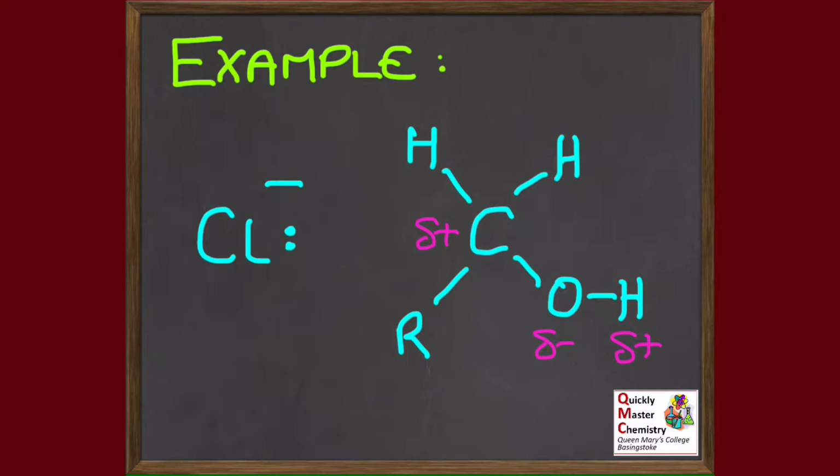It's got a delta plus carbon because of the bond to the oxygen, which is more electronegative than the carbon. And the definition then carried on to say that the nucleophile would donate a pair of electrons to that positively charged carbon, forming a covalent bond to it. So the nucleophilic attack at the beginning looks like this.